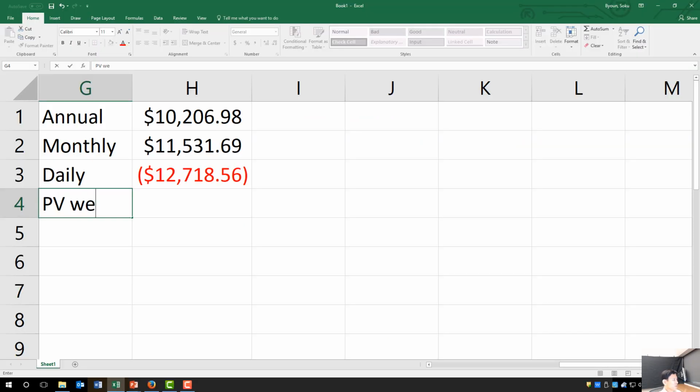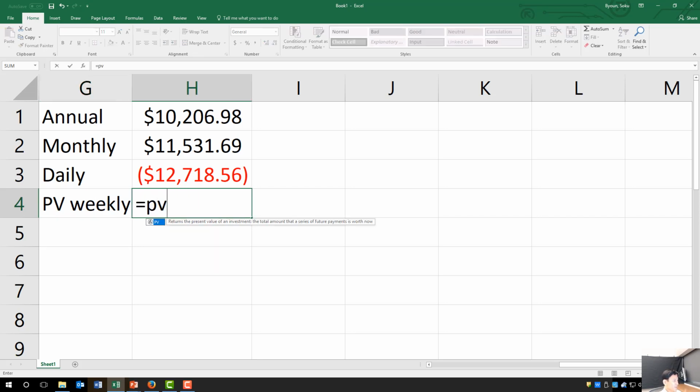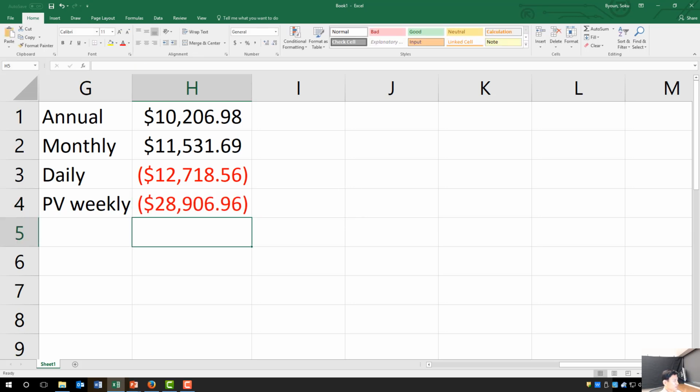So first, present value with the weekly, we have present value of 0.065 divided by 52 for 52 weeks per year times 5, no other payment, for a future value of $40,000. So that gives you $28,906.96.